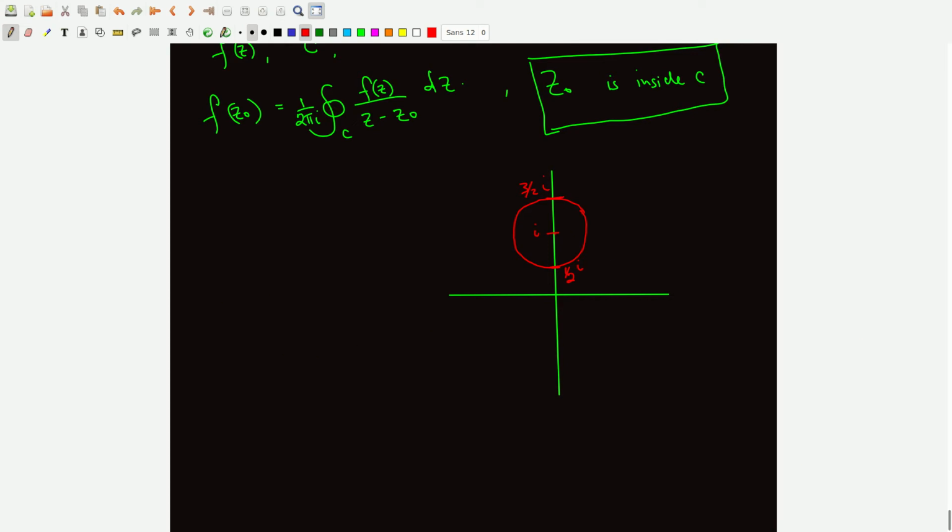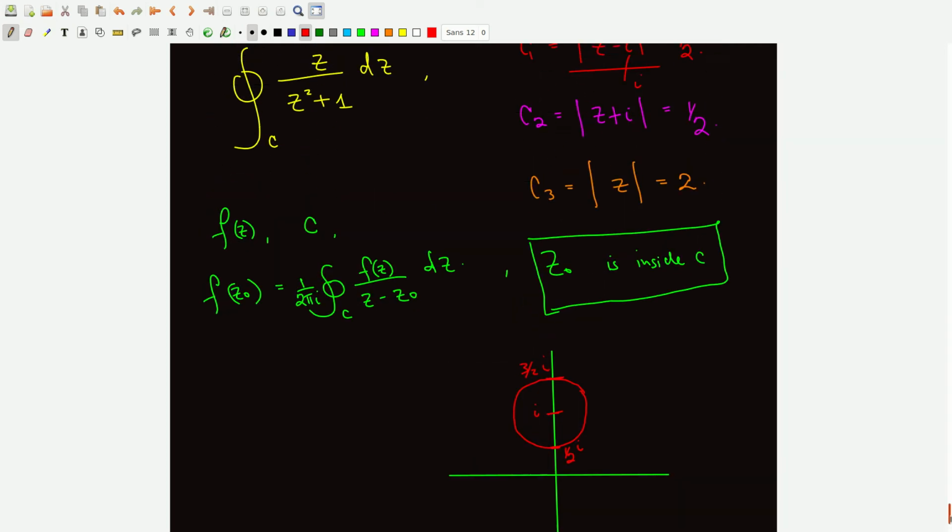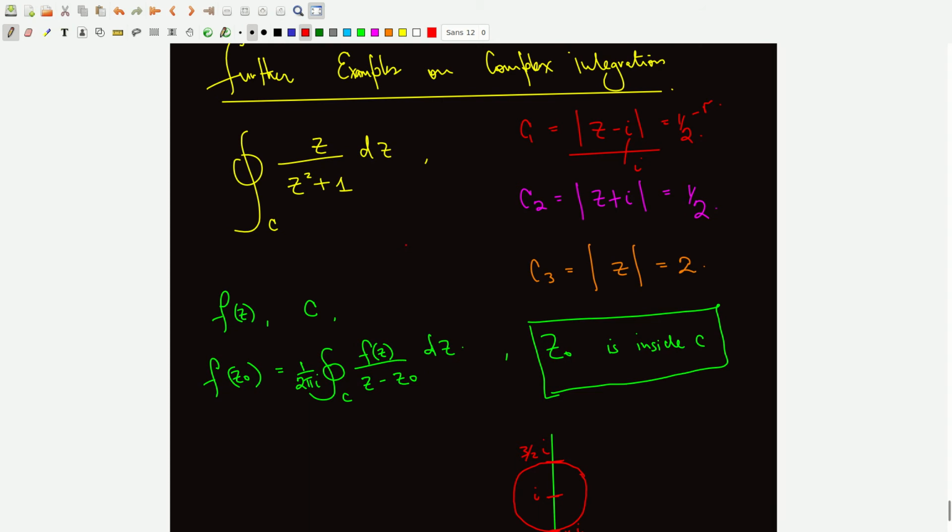Right, so the idea here, the goal, is going to be for us to try to transform this into this form here.